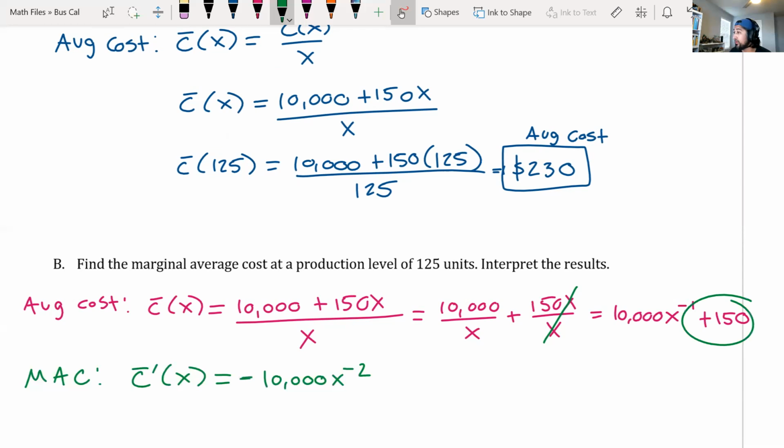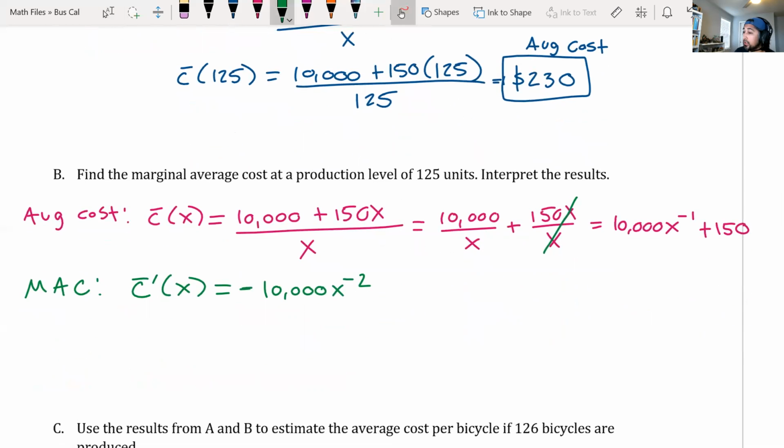That's it. And what's the derivative of 150? 0. So there's your marginal average cost function. Now all we have to do is plug in 125.